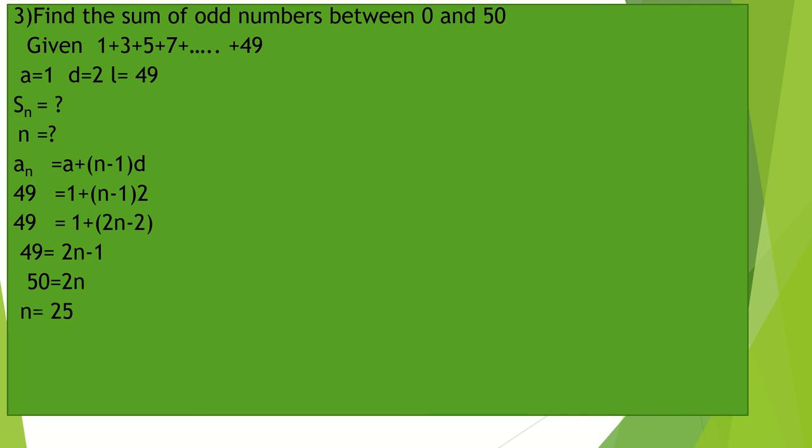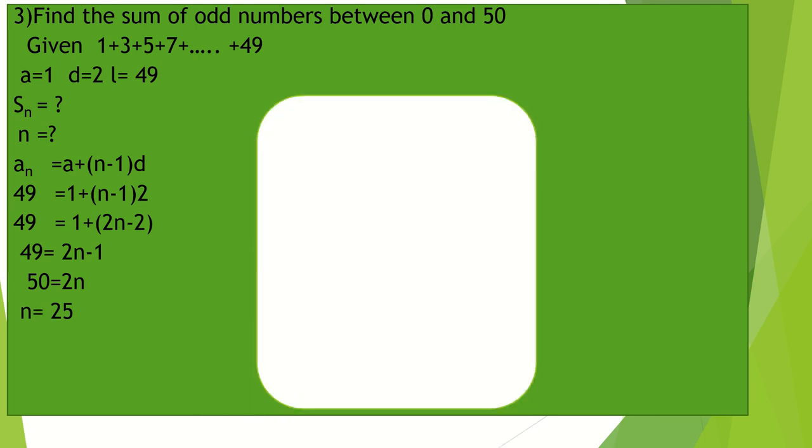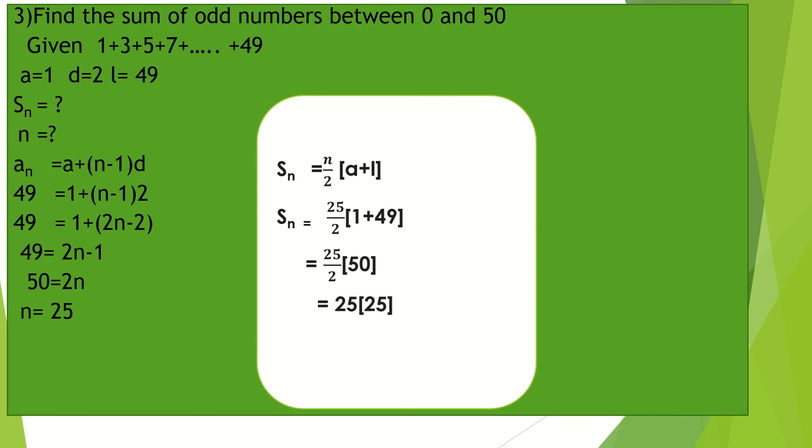So the number of terms is 25. Now we can apply the Sn formula, n by 2 into a plus l. n means here 25. So S25 equal 25 by 2 into 1 plus 49, 25 by 2 into 50, which is 25 into 25 because 50 is divisible by 2. So the sum of 25 terms is 625.